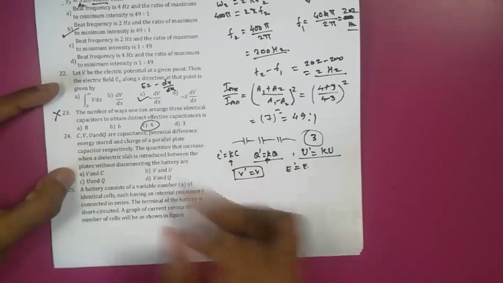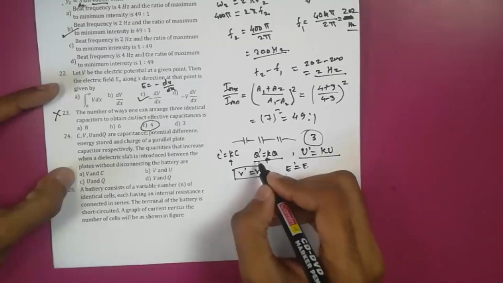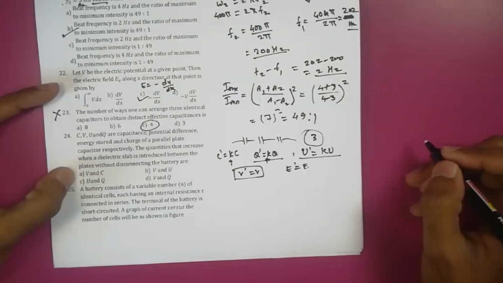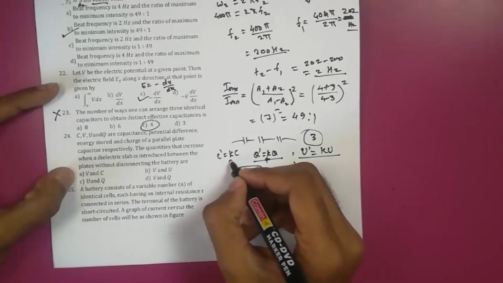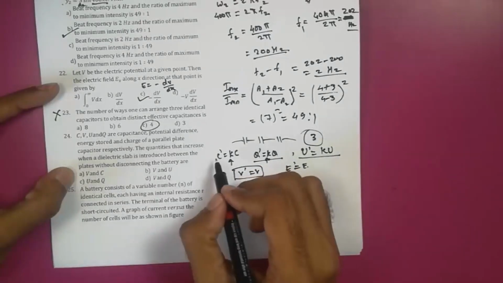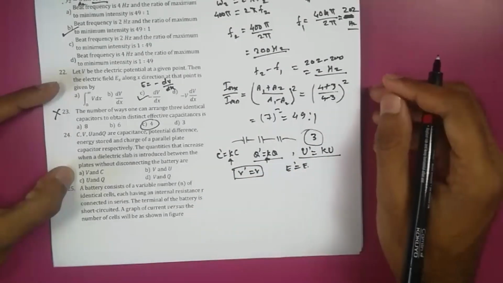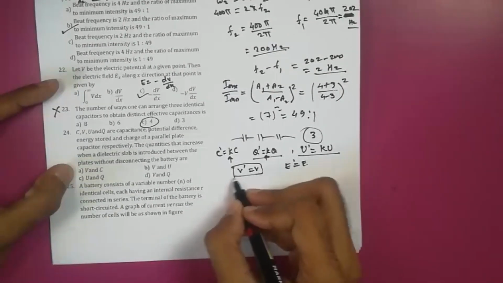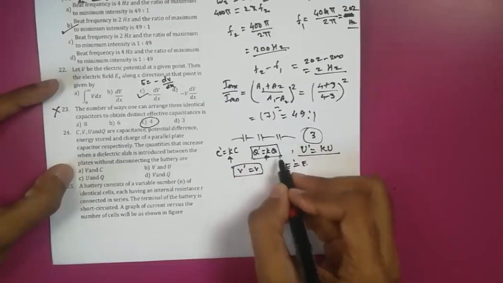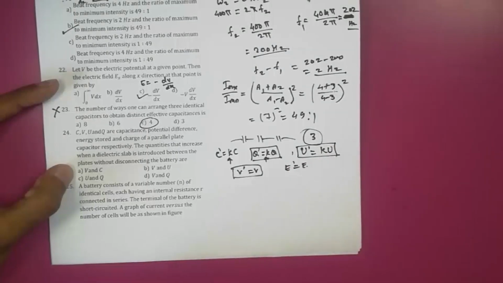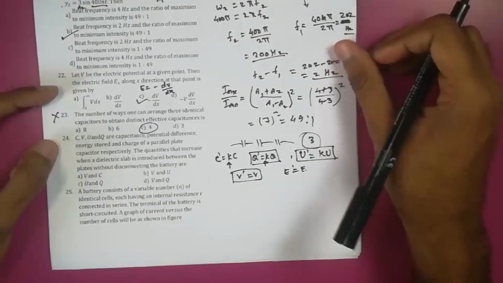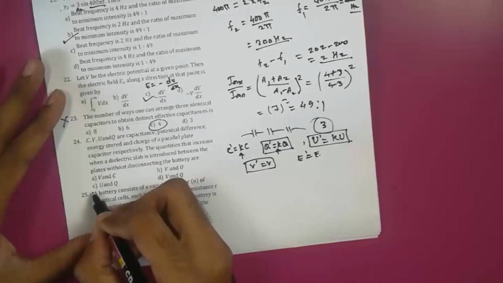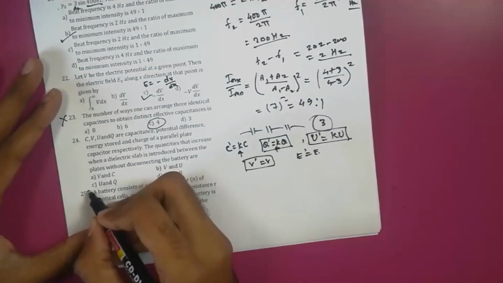That means U and Q will increase, whereas the capacitance of the capacitor will remain constant because V is not changing. So the only things that increase are the energy stored in the system and the total charge of the parallel plate capacitor. So in this case, your answer would be U and Q.